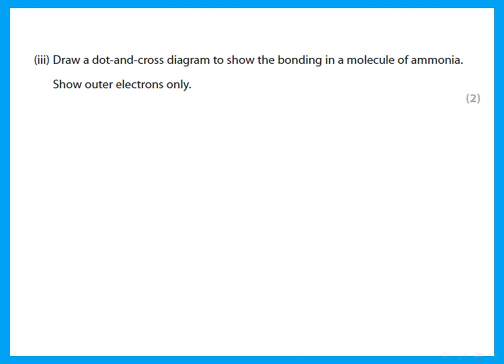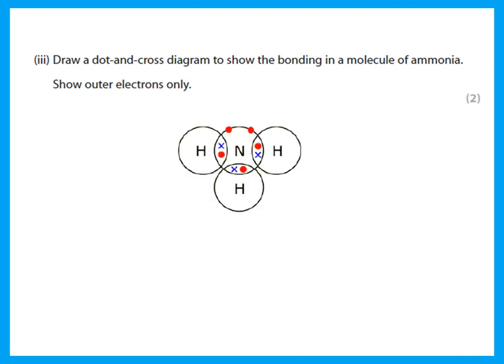Draw a dot and cross diagram to show the bonding in a molecule of ammonia. You should remember, ammonia is a compound made up of nitrogen and hydrogen. Each hydrogen has 1 electron and needs 1. But the nitrogen is in group 5. It has 5 electrons in its outermost shell.